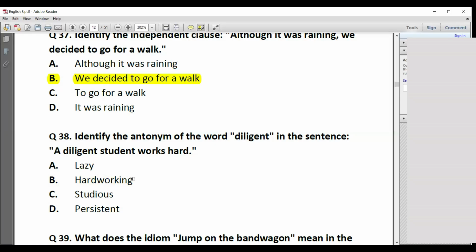The correct option is A. Lazy, since we are looking at the antonym of the word diligent. The word diligent means extremely hardworking. Hence, the opposite or the antonym of diligent is option A. Lazy.